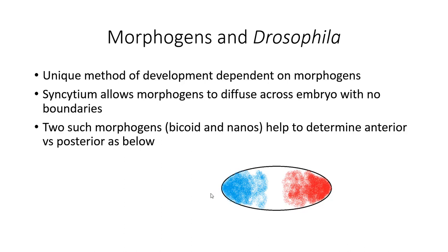Now the higher concentration of nanos and lower bicoid, as well as again some others, you get more posterior structure development. So this is how morphogens are responsible for differential cell fates and differential development dependent on their concentration. And Drosophila is kind of a perfect way to show that because of this unique syncytial cell.